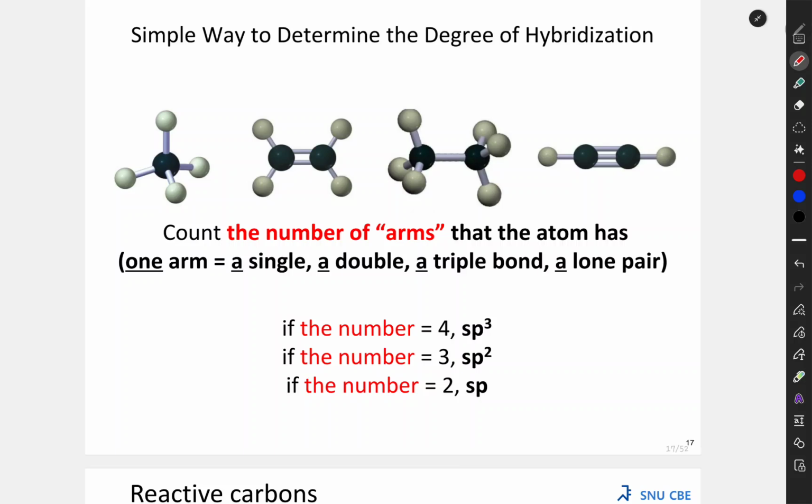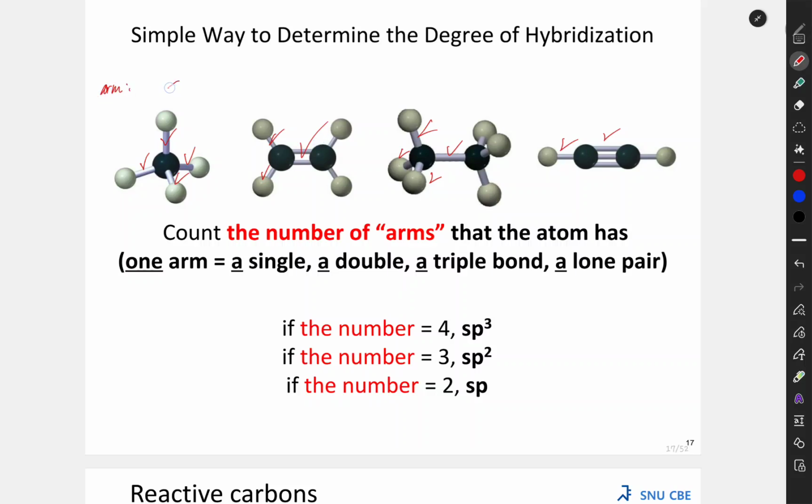Alright, what is this? This is a simple way to determine the degree of hybridization. These are maybe the given molecule, and you can try to count the number of arms. 팔의 개수를 세란 얘기인데, 그렇죠? 하나의 암에 해당되는 그 한 개의 카운트되는 것이 이제 싱글 번드가 몇 개 있냐, 혹은 더블 번드가 몇 개 있냐, 트리플 번드가 몇 개 있냐, 론 페어가 몇 개 있냐, 그 각각이 하나로 카운트가 된다는 이야기입니다.